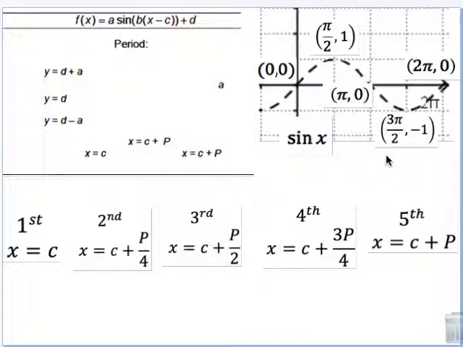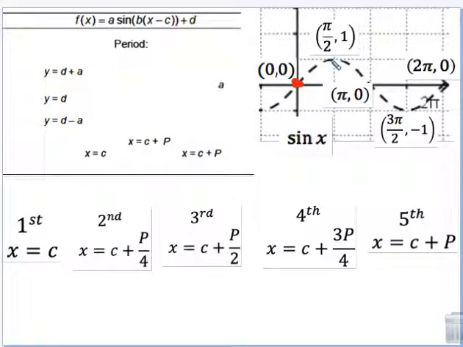So in class today we talked about our 5 critical points for the sine and cosine graphs when we're graphing them. Those 5 points are, hold on, let me change that. Okay, and I'm moving that over here. All right, so the 5 points on the sine graph: they are your initial point when your cycle is starting. On the sine graph, that initial point happens at the sinusoidal line and when x is 0.